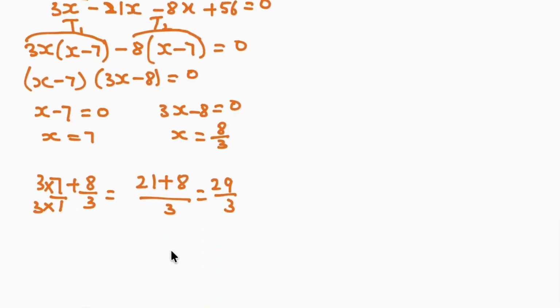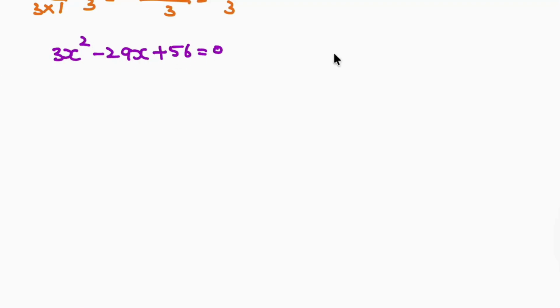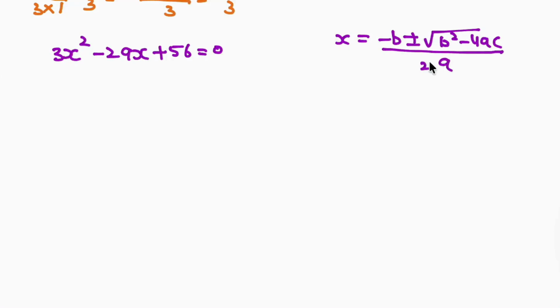Now the second method I will do, using the quadratic formula to calculate the zeros. So that is 3x squared minus 29x plus 56 is equal to 0. The quadratic formula is x is equal to negative b plus minus the square root of b squared minus 4ac, all over 2a. Now if you are comfortable, directly apply this formula here.